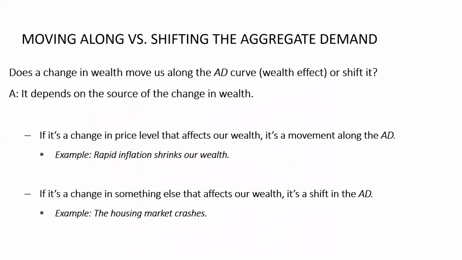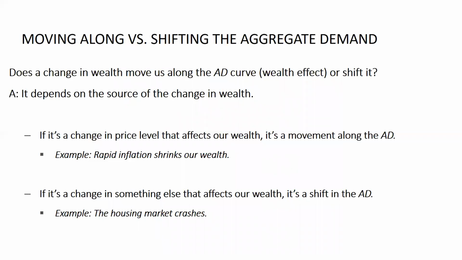Okay, so it's important to keep in mind the difference between moving along a curve versus shifting the aggregate demand curve. This is the same idea we've encountered already. It can be tricky at times. For example, does a change in wealth move us along the aggregate demand curve or shift it?